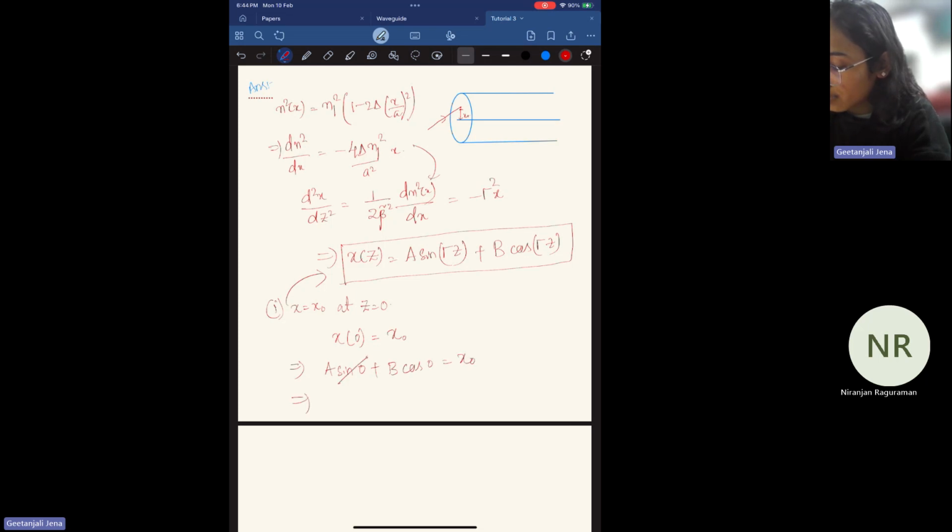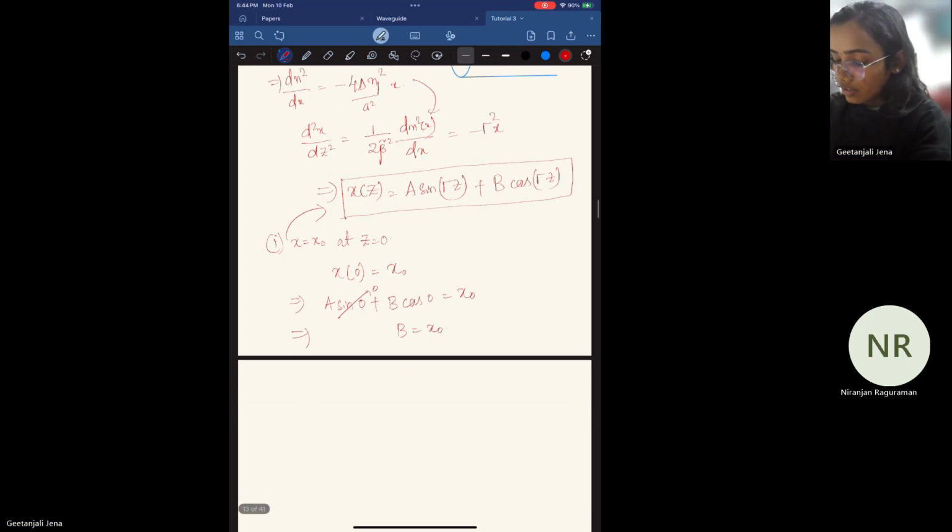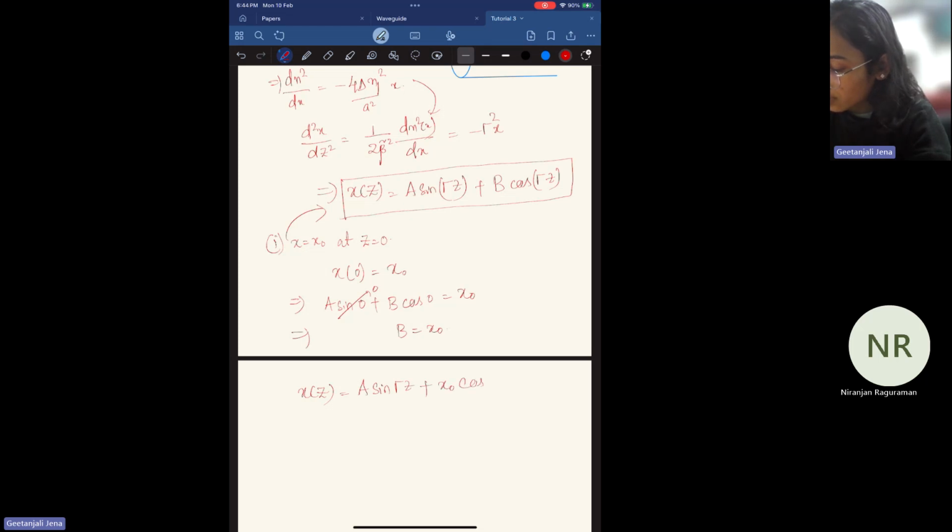Sin 0 is 0, and this gives B equal to x0. So the ray path equation now is x(z) equals A sin gamma z plus x0 cos gamma z.